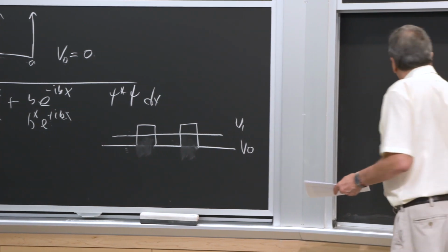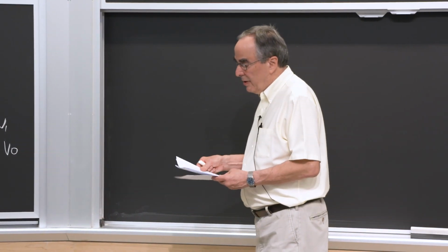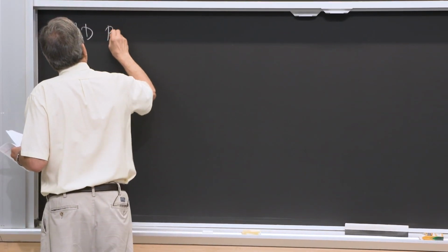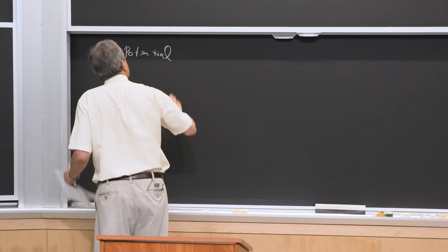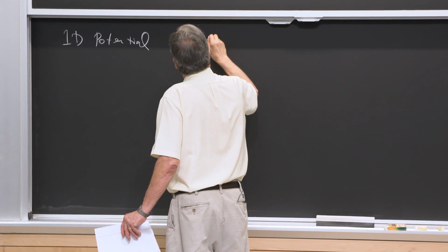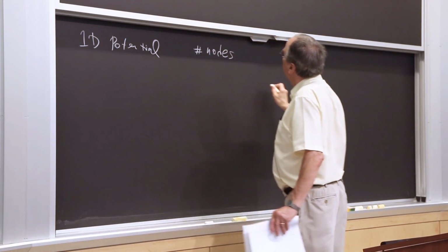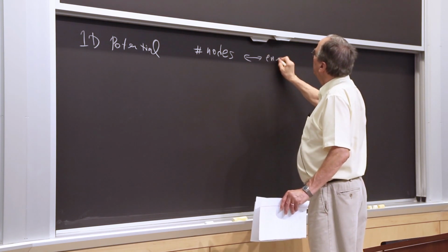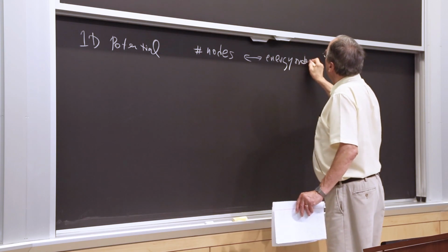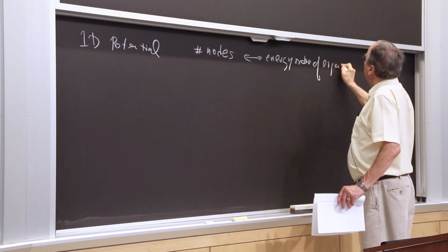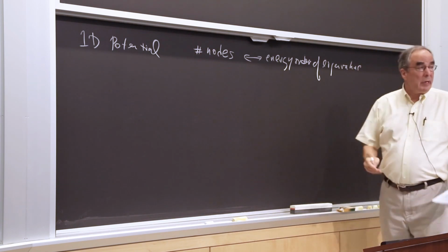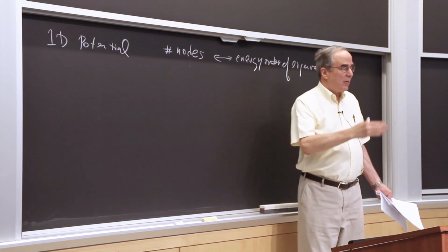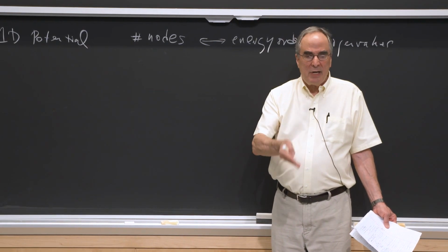Okay, so now, if we're solving a problem involving any kind of 1D potential, the number of nodes: for 1D bound problems, the number of nodes starts with 0 and it corresponds to the lowest energy state.